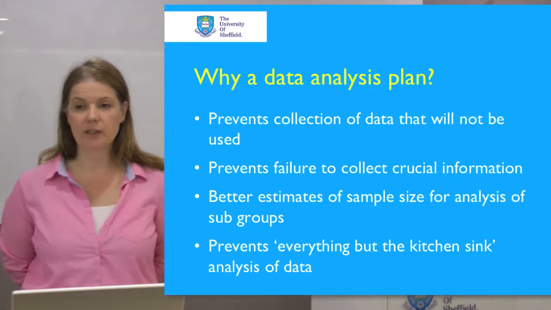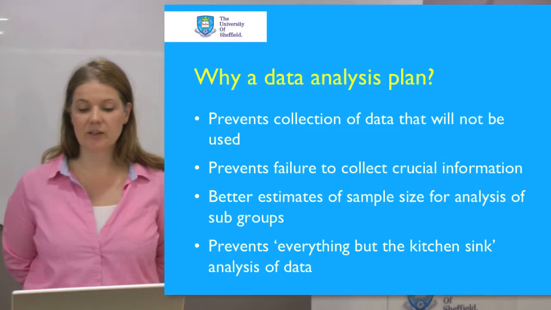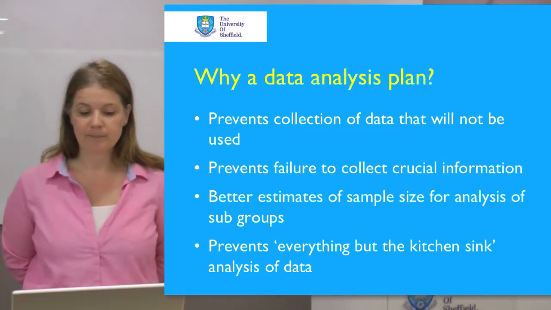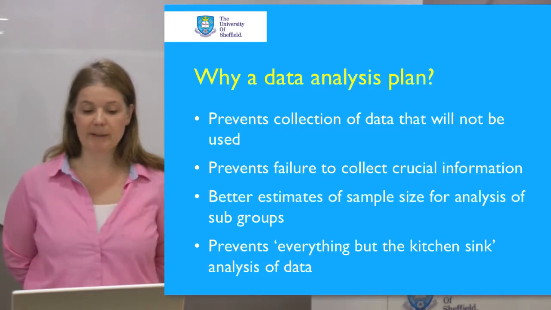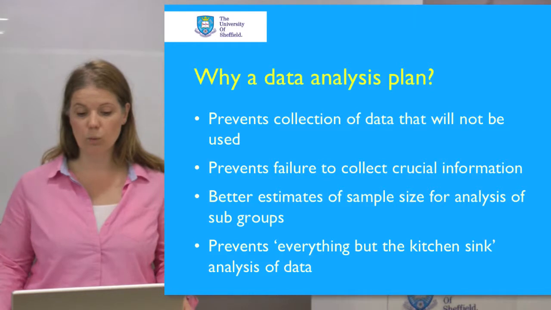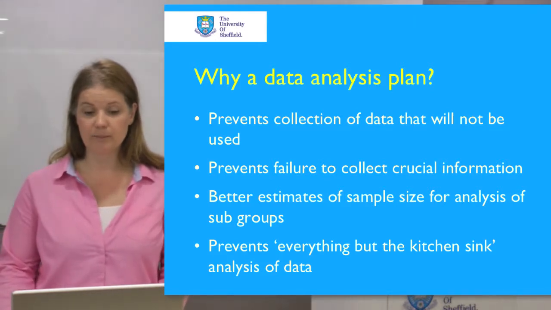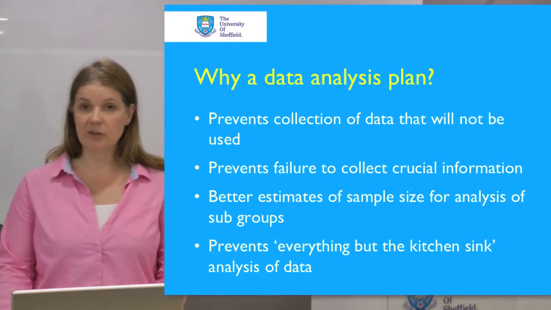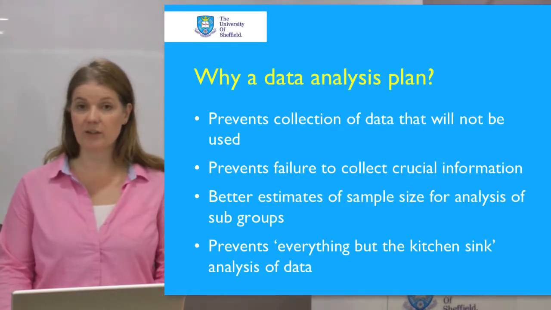So it's really important that you have that analysis worked out, because not only will it collect data that will not be used, but it will prevent the failure to collect important information. It also allows you to come up with better estimates of sample size for the analysis of subgroups. If you've thought before about what you're trying to do and what you're analysing, what your objectives are, then you can get good sample sizes for any additional information or tests that you're going to do on particular subgroups.